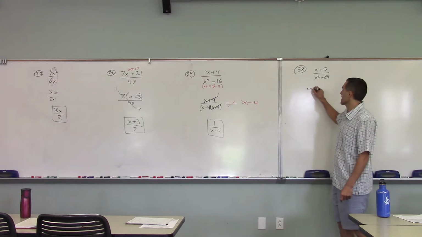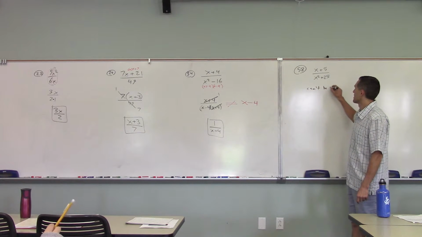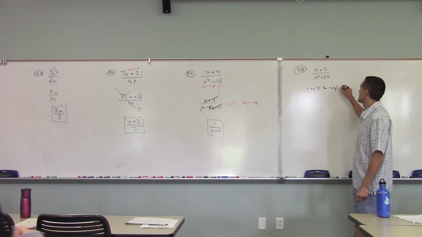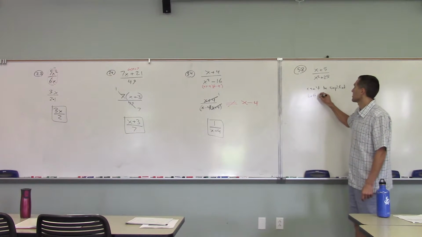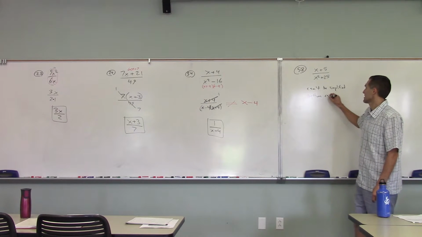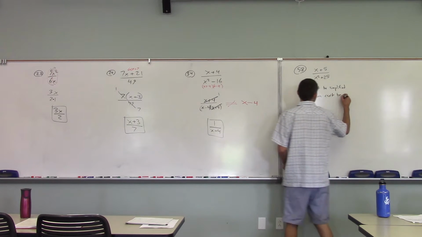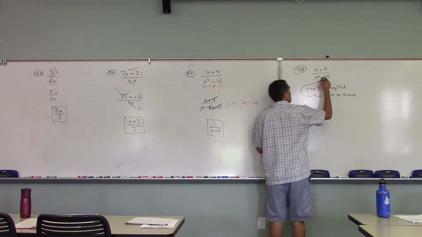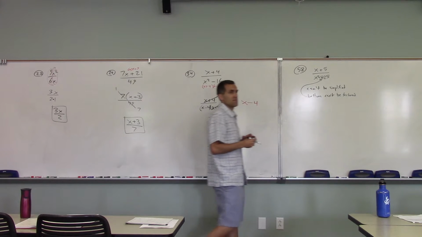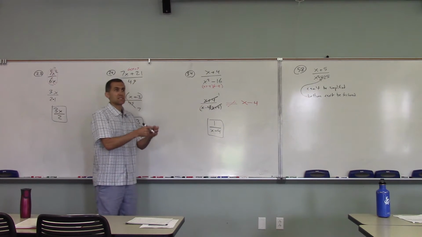Why? Because the bottom can't be factored. Exactly. Why not? Is it addition? Exactly. Difference of squares with addition? Exactly. Because of the addition sign. It has to be a squared minus b squared.